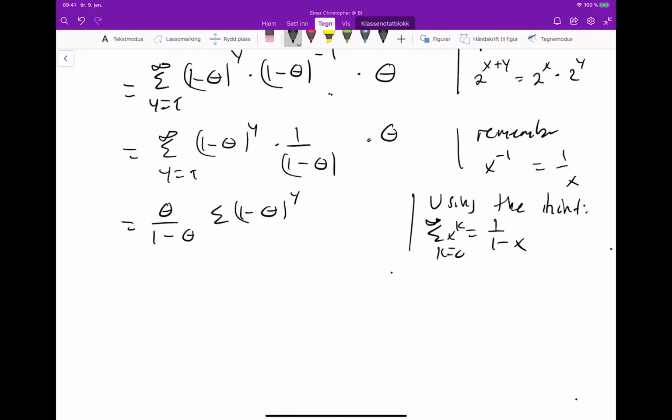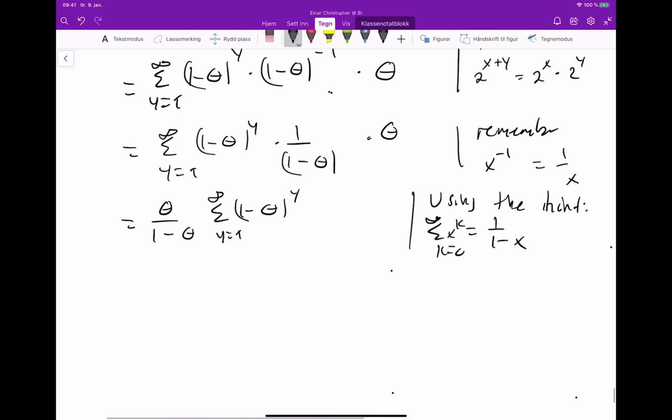But now I regret doing something here. But we learn more then, so let's just continue. Then we have 1 minus theta here, and y equals 1 to infinity. But we shouldn't have 1, we should have from 0.